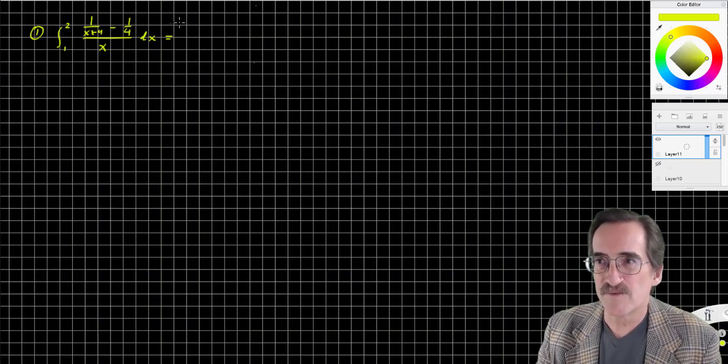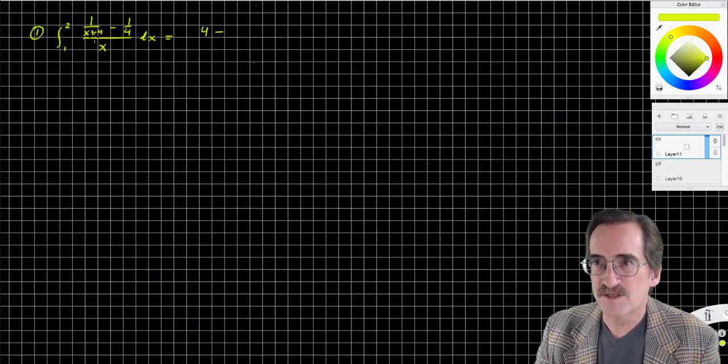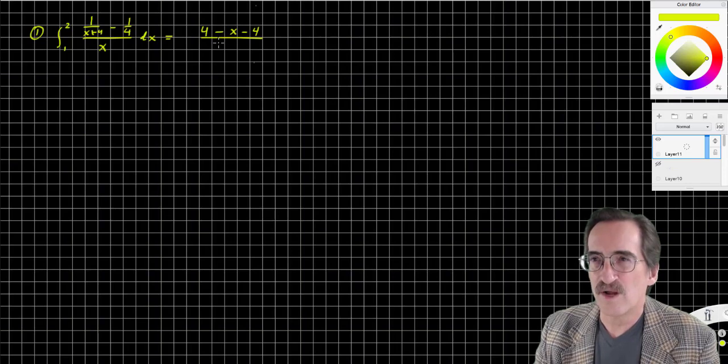Kind of crisscross applesauce. So this becomes 4 minus the quantity x plus 4, so minus x minus 4, all over x plus 4 times 4 times x.